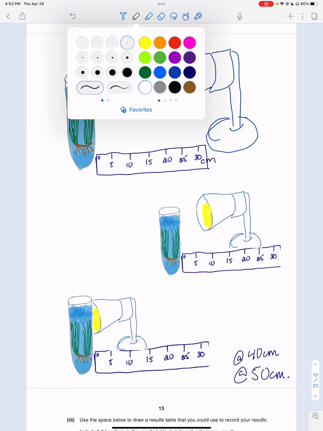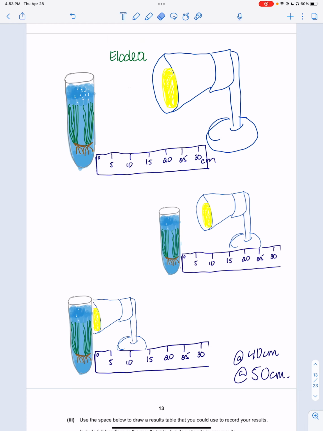And you're going to do that one specifically: bubbles at 30 centimeters produced in 1 minute. You can do that 5 times. So you'll have 5 trials. So maybe it'll look like this when you record it.